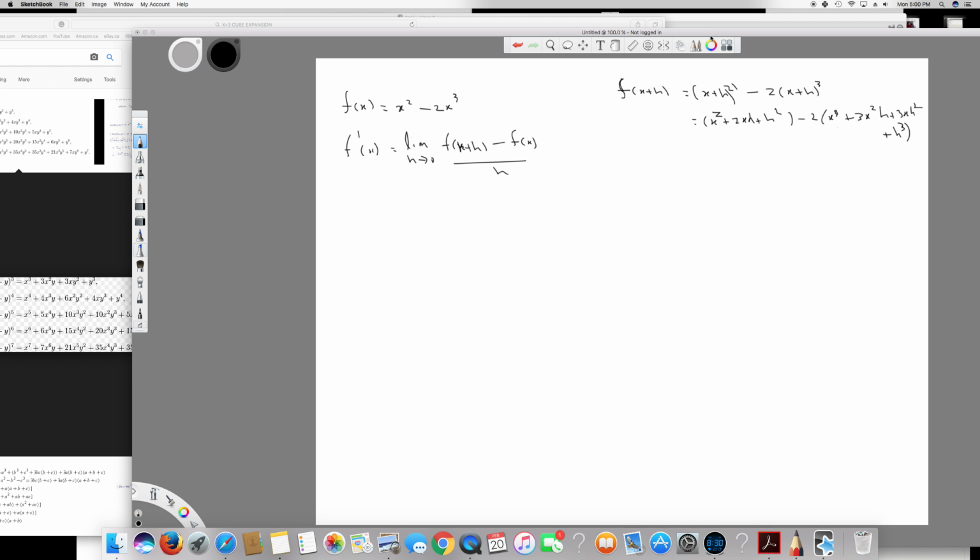So this is the expansion of (x plus h) cubed, right?